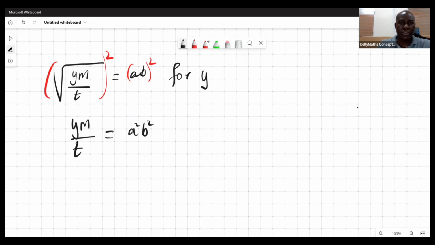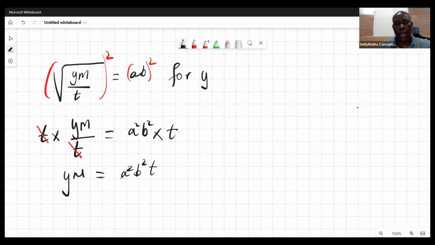Now remember that we need to find y. The next move that we want to make is to get rid of the fraction. So we're going to multiply both sides by t. On the left side, t cancels t, and we're left with ym, which is equal to a square b square t.